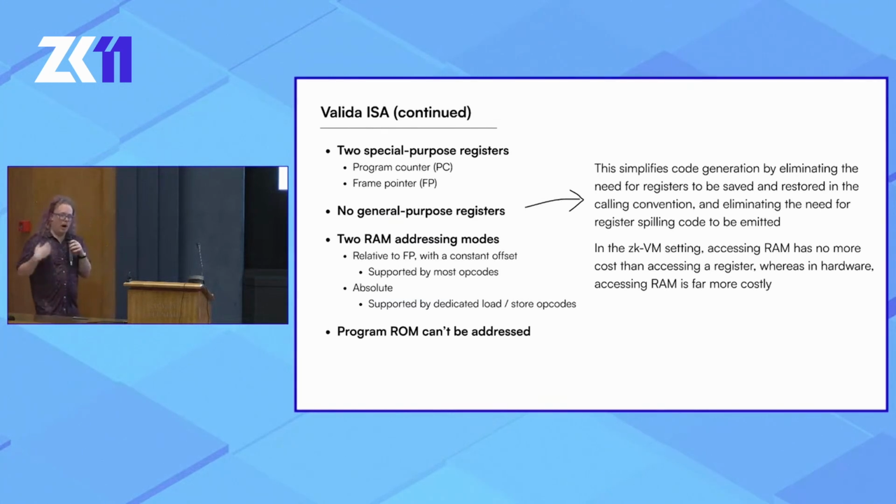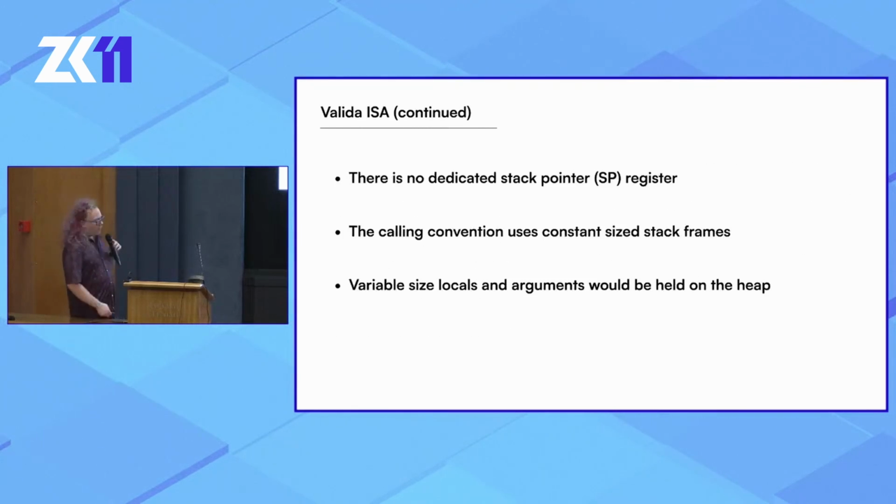So this would include operands for an instruction, return address for function calls, that sort of thing. And like I said, it's a Harvard architecture. You can't address the program memory; that's separated. So in some sense, we have a separation between stack and heap. Stack grows in one direction, heap grows in the other.